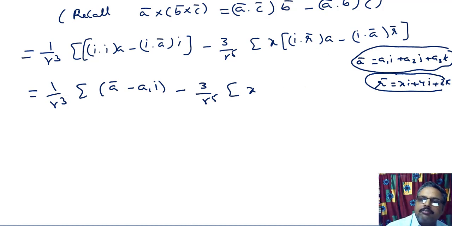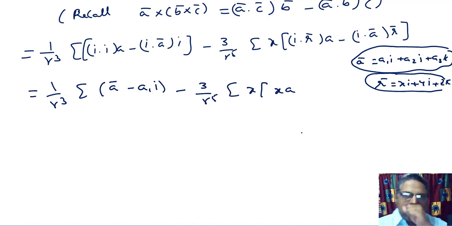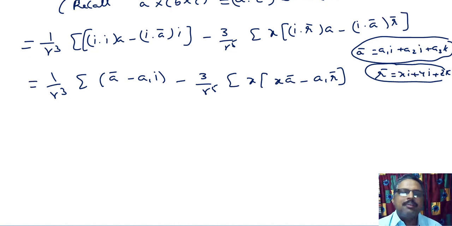Okay, x into a, then no problem. Minus i dot a bar. i dot a bar is a1, so a1 into r. Okay, clear. A simple manipulation.